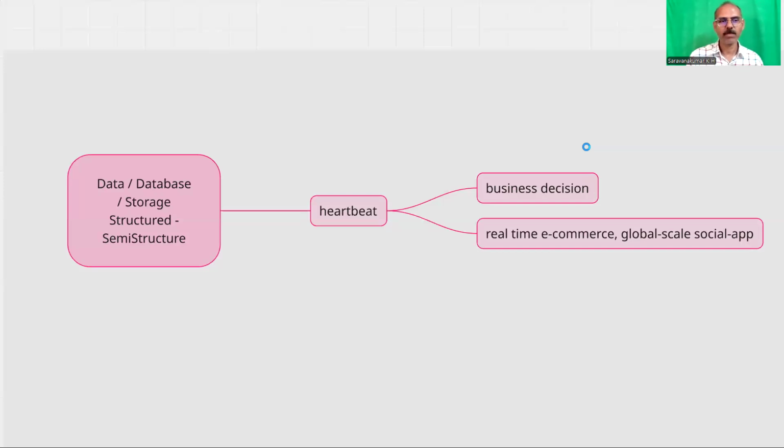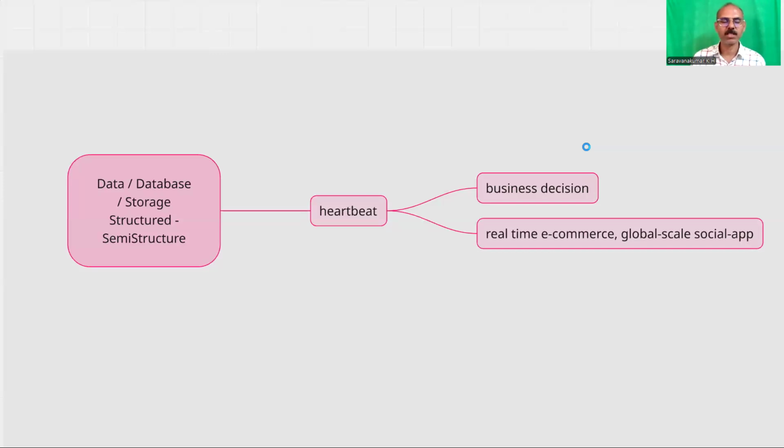I'm pretty sure it will be helpful for you. If you see my mind map, data is the key. Nowadays data is the engine for any kind of business decision, whether the decision is taken through artificial intelligence or for generating reports.